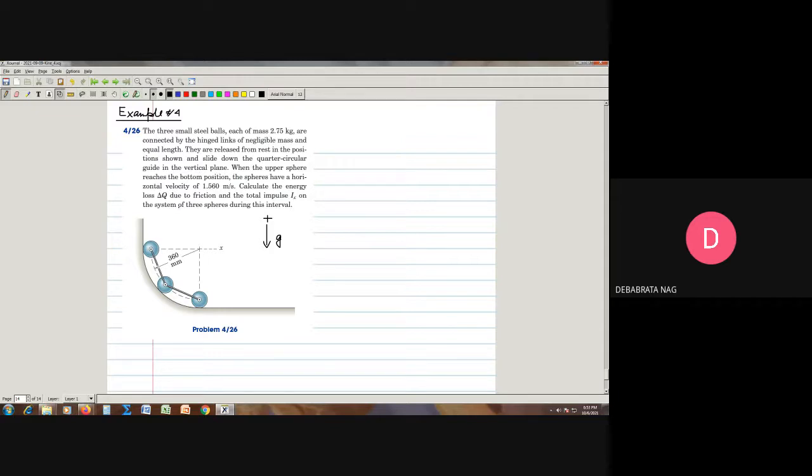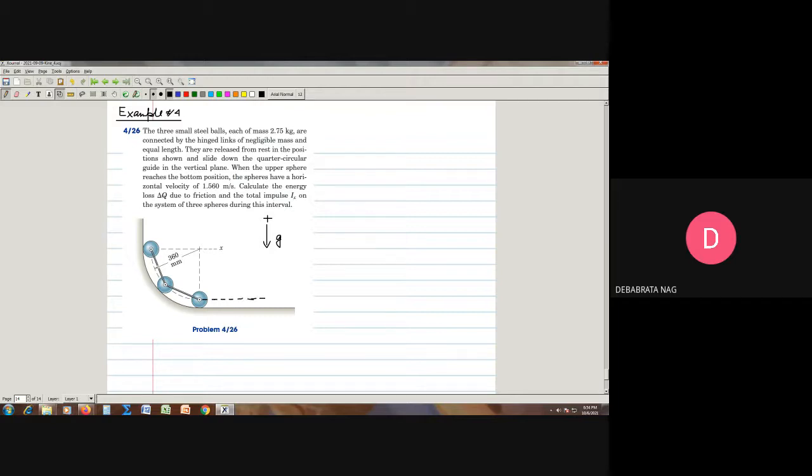Now when the upper sphere, that means the uppermost sphere, reaches the bottom position, the spheres have a horizontal velocity of 1.56 meters per second. That means when this sphere comes to this position, we can draw the other spheres here like this.